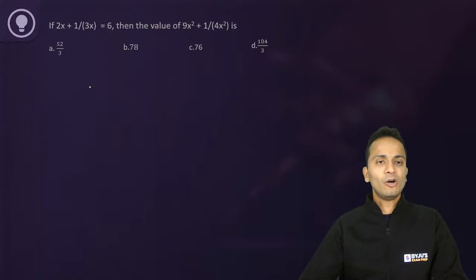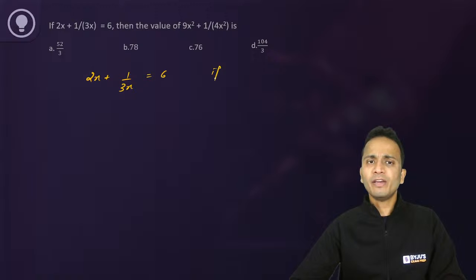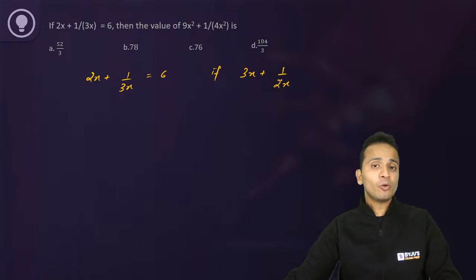Now you are given 2x plus 1 upon 3x equal to 6. Now if somehow I have the value of 3x plus 1 upon 2x, carefully have a look at it.